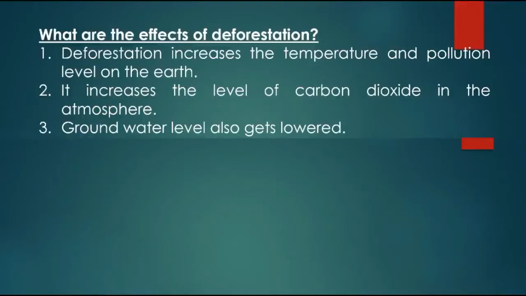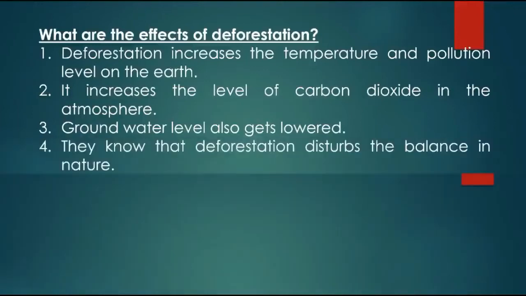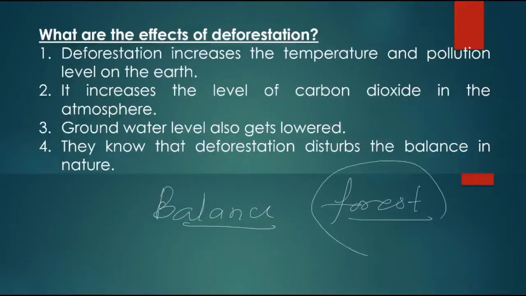It disturbs balance in the nature. And why does it disturb balance in the nature? Because every organism in the nature is interconnected. Animals require shelter. They require forest. Now if that is disturbed, animals are disturbed. Then the whole chain will be disturbed.